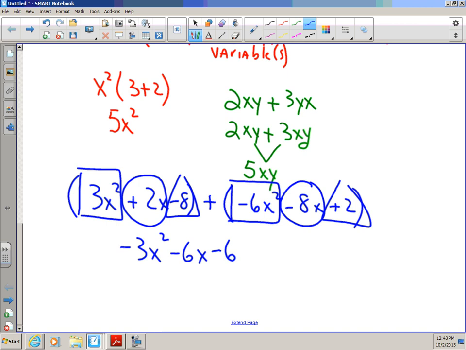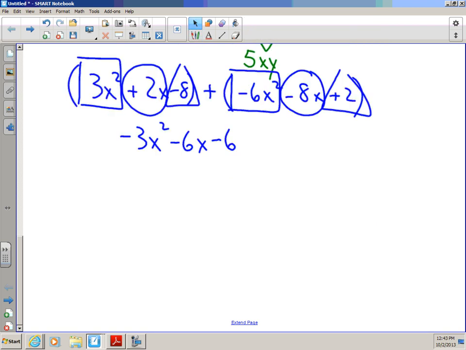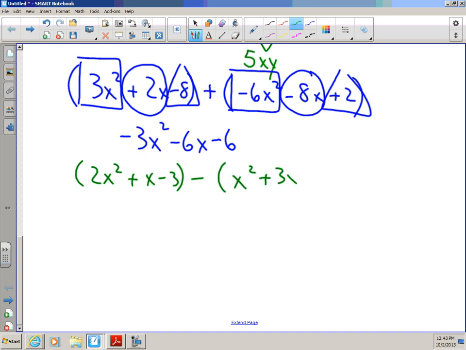Okay? Where students have fallen into a little bit more difficulty is when it involves subtraction. So let's say I have 2x squared plus x minus 3 minus x squared plus 3x minus 5. Well, the problem that many students encounter here is similar to the problem you have with subtracting signed numbers.